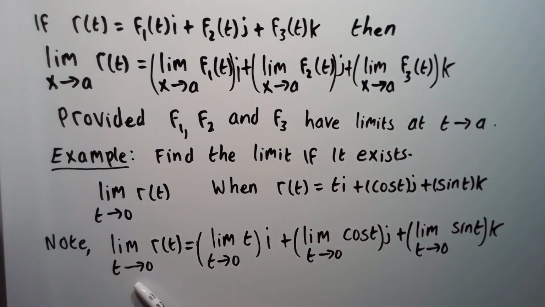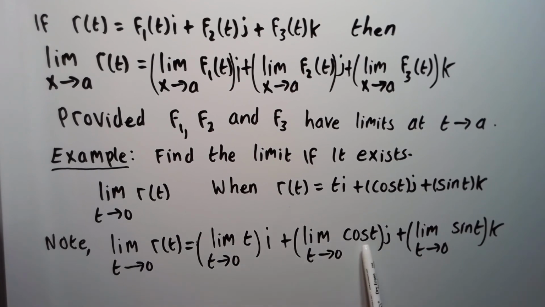Okay, going back to the example, looking at the limit as t goes to 0 of r of t. Here's my r of t. So the limit as t goes to 0 of t in the i direction, the limit as t goes to 0 of cosine of t, j direction, the limit as t goes to 0 of sine of t, k direction. So let's work these out then. The limit as t goes to 0 of t would just be 0, so it's going to be 0i.